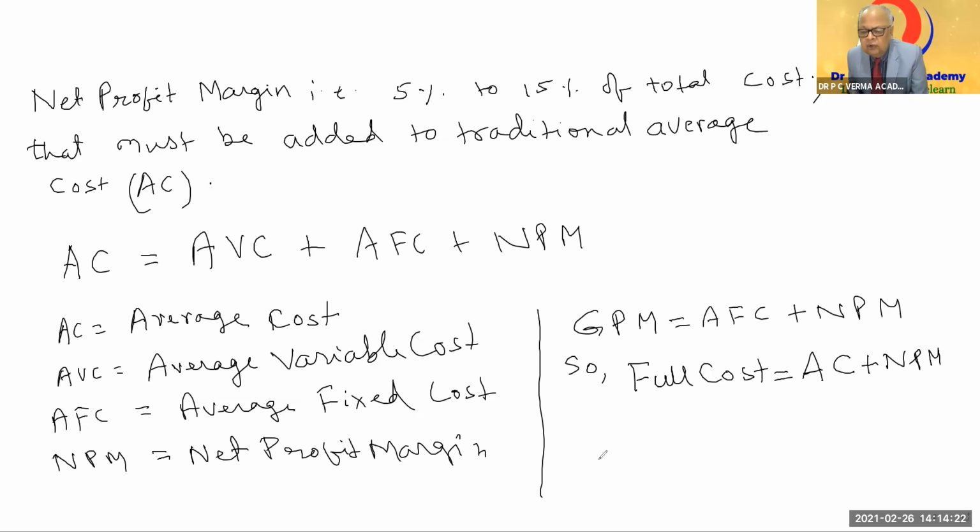So the concept of full cost is average cost plus NPM. Full cost means average cost plus NPM.